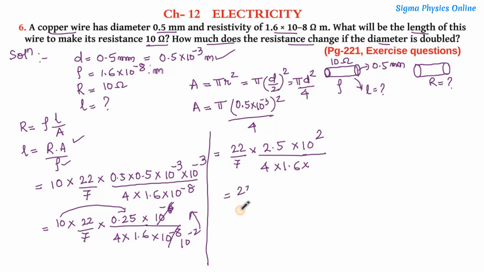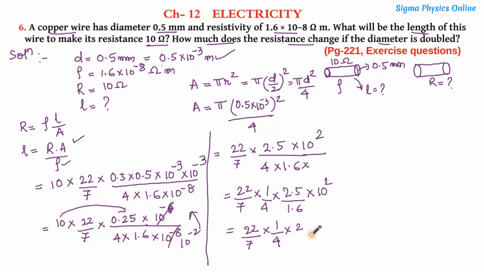Now we have 22 by 7 into 1 by 4 into 2.5 by 1.6 into 10 to the power plus 2.